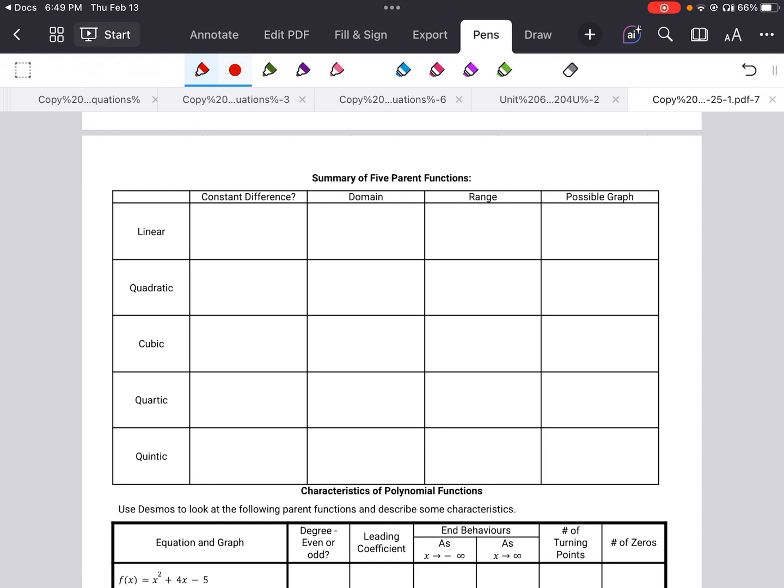Okay, looking at this chart here: constant difference, domain, range, and possible graph for each of these. So linear has a constant difference. The slope is the same no matter what, so yes. None of the other ones have a constant difference. The domain for all of them, and the parent function, is going to be x ∈ ℝ, right?